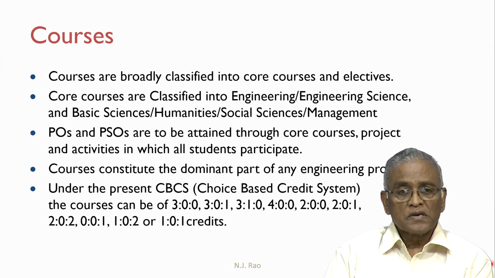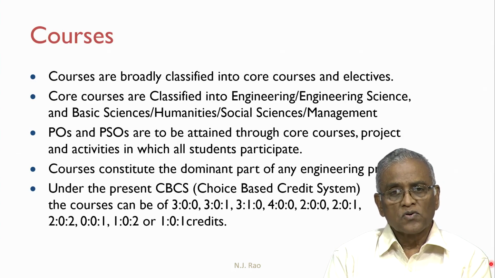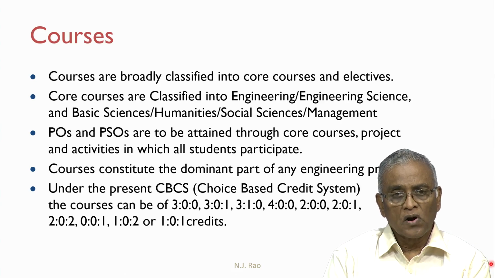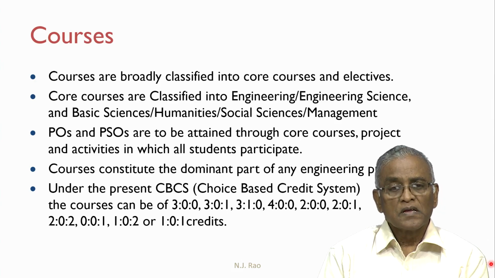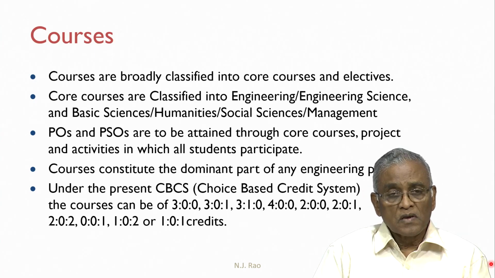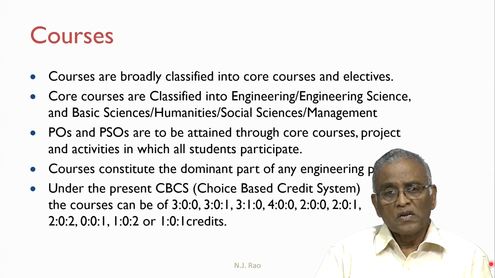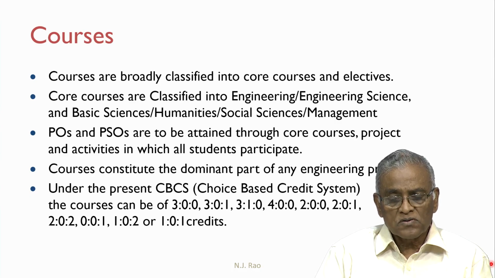POs and PSOs are to be attained through core courses, projects and activities in which all students participate. This is a very important aspect when you talk about even writing course outcomes. Their attainment needs to be computed only through core courses and projects and activities in which all students participate.